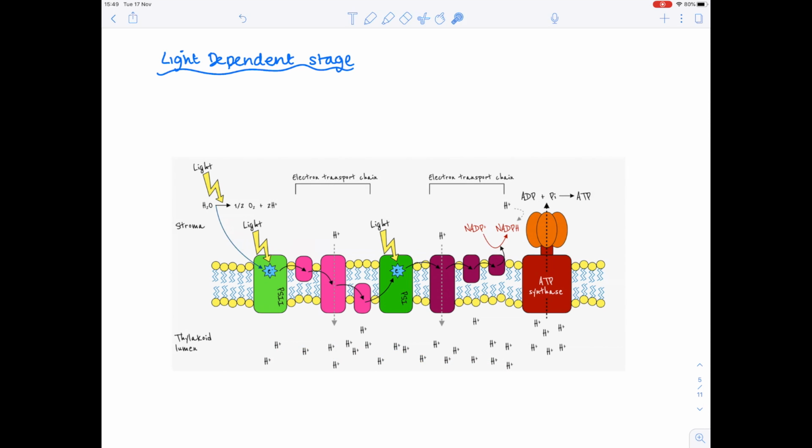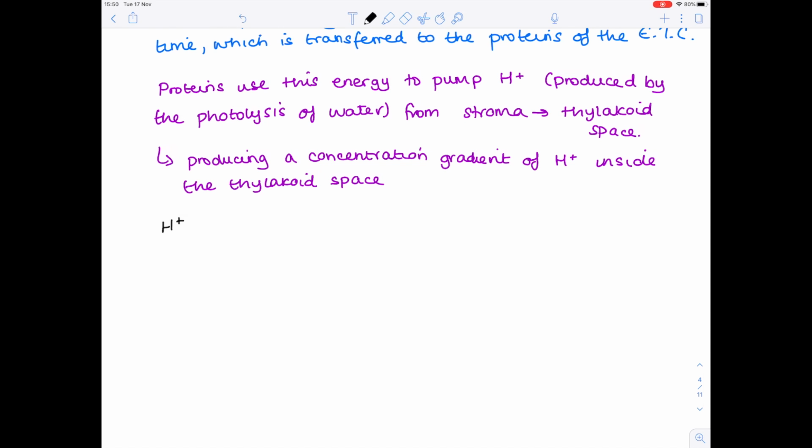And because we have that concentration gradient, naturally they'll want to move back into the stroma, and they're going to do that using an enzyme, which we can see over here, called ATP synthase. So hydrogen ions pass back across the membrane through an enzyme called ATP synthase.